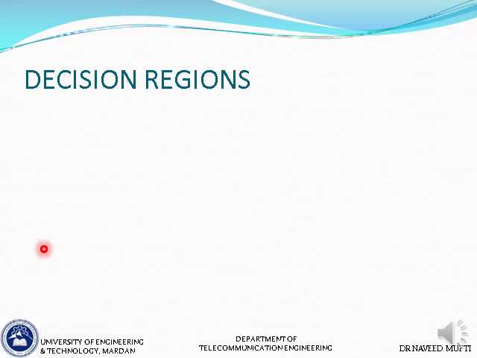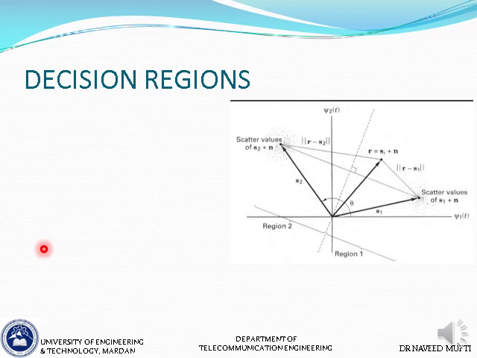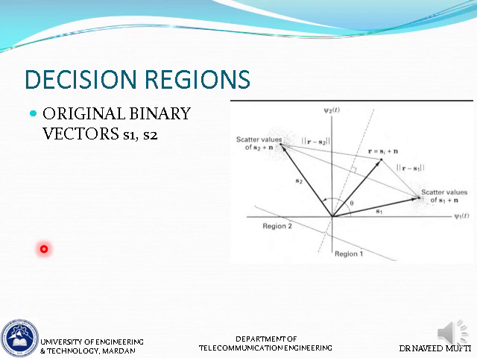So we consider a two-dimensional signal space as shown here in this figure, and what is shown in the figure is the locus of the binary vectors disturbed by noise. Let us say that we have the original binary vectors S1 and S2.